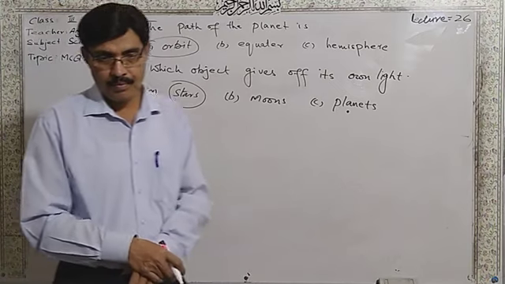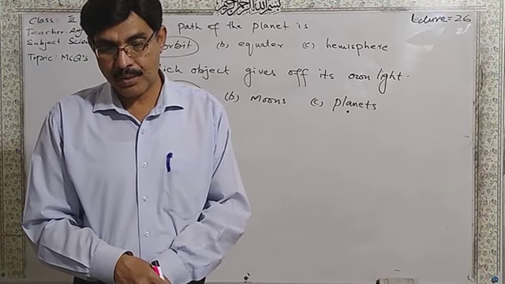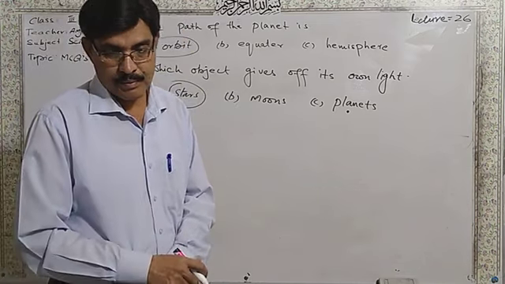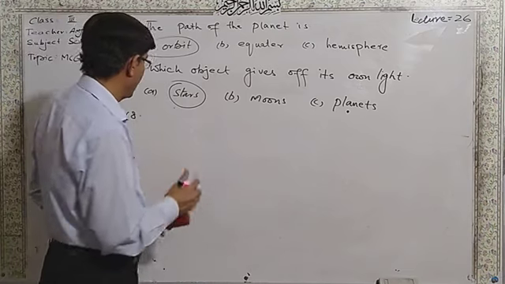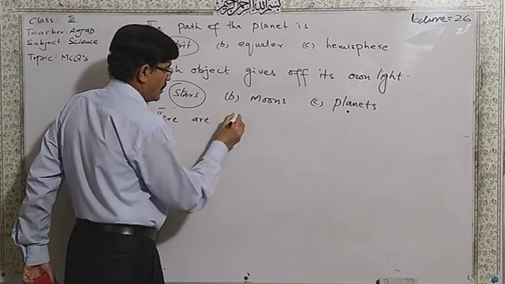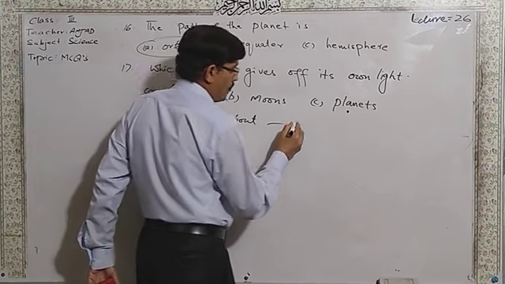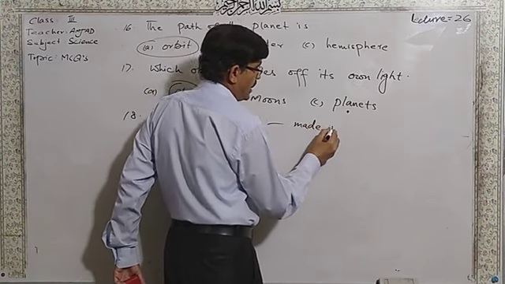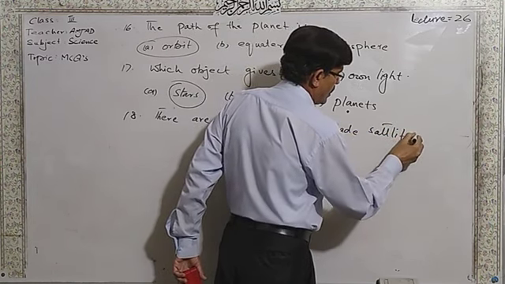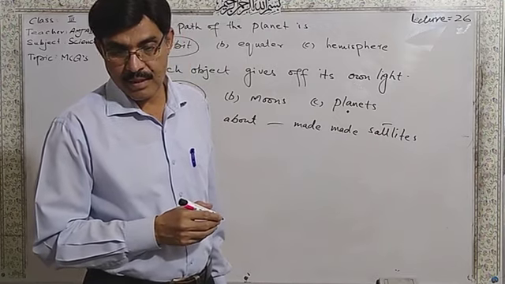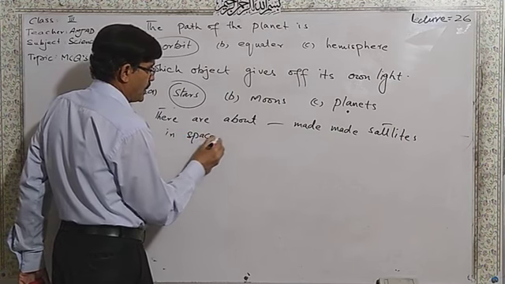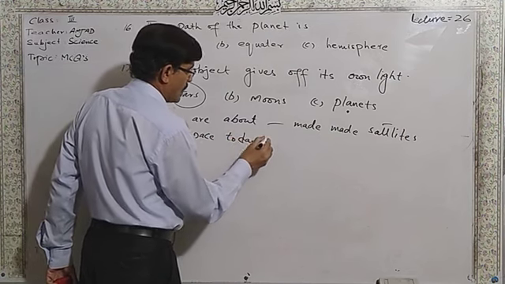Number 18. There are about dash man-made satellites in space today. How many?